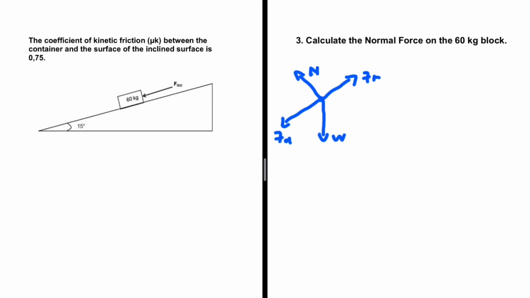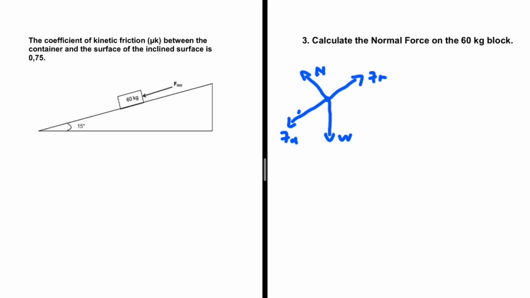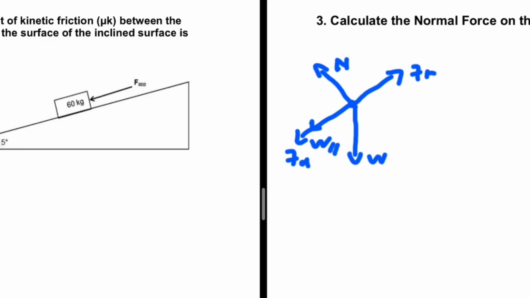So let's go ahead and take a look. Our normal force will be equal to what in this case? You can see that the normal force doesn't necessarily line up with the weight. So we cannot say that the normal force is equal to the weight. But we can resolve that weight into its parallel and perpendicular components. So this is weight parallel, and then we have weight perpendicular.